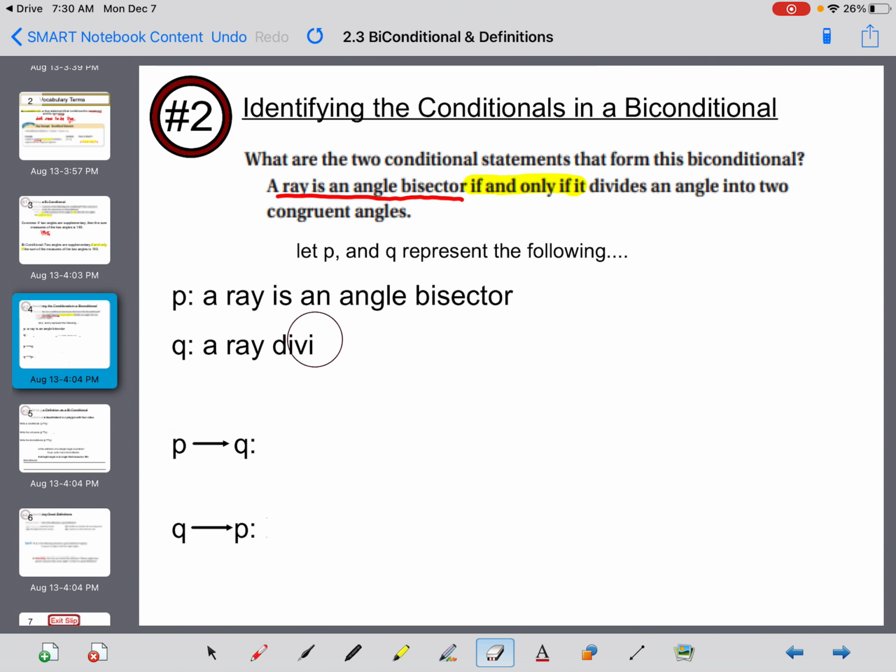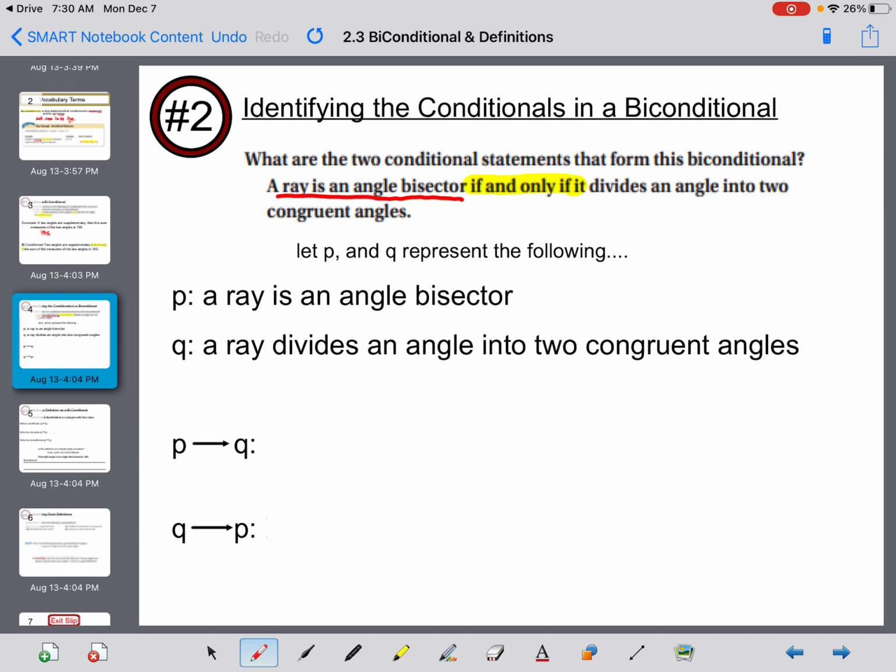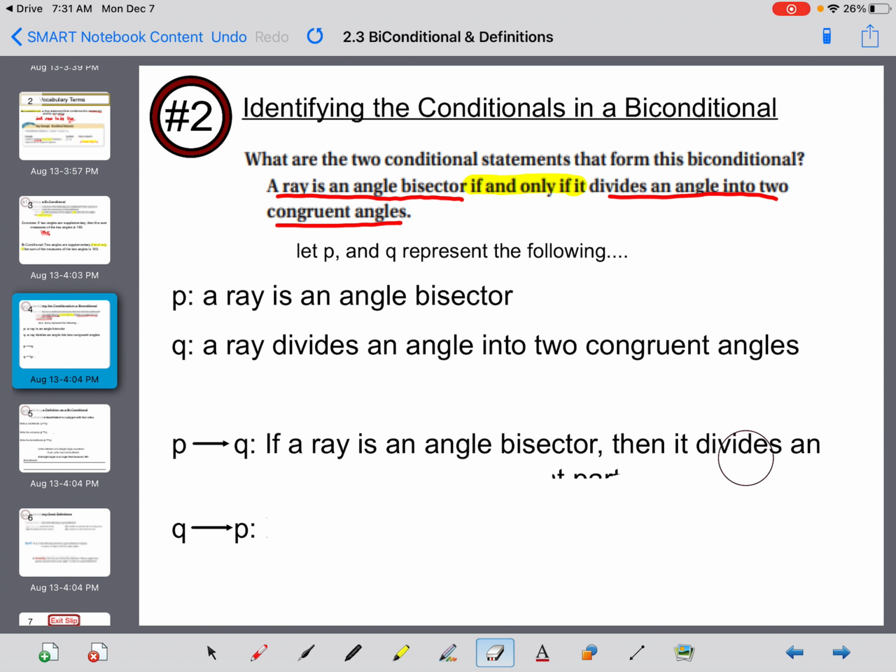Q is going to be a ray divides an angle into two congruent angles, because that is the second portion of the biconditional statement. So if I'm going to write if P then Q as a traditional conditional, if a ray is an angle bisector, then it divides an angle into two congruent parts.